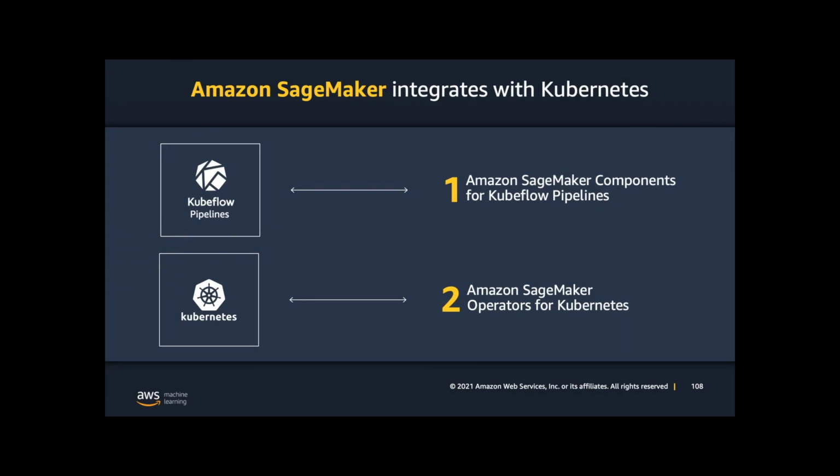And just before we wrap up, we have a dedicated session on the integration between SageMaker and Kubernetes by using Kubeflow pipelines and the SageMaker operators for Kubernetes. We're going to have a full lab dedicated to this so that you guys can get your hands dirty.